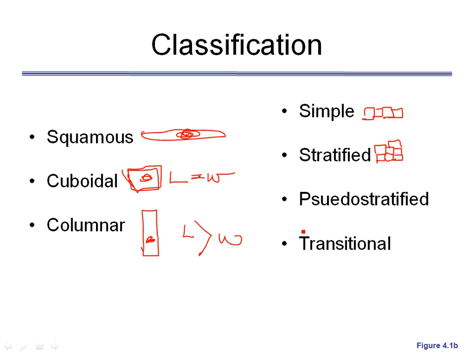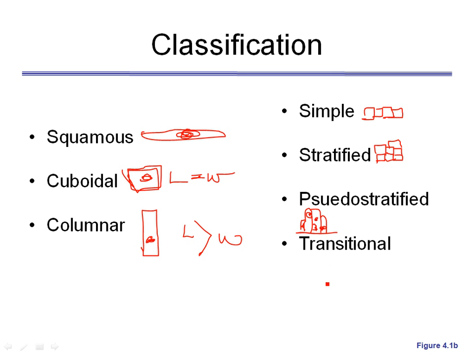If I have a tissue and the cells of this tissue are variable heights, however, they're all in contact with the basement membrane, that is called pseudostratified. And the reason it looks like it's many layers is because the cells are of different heights and the nuclei fall on different levels.